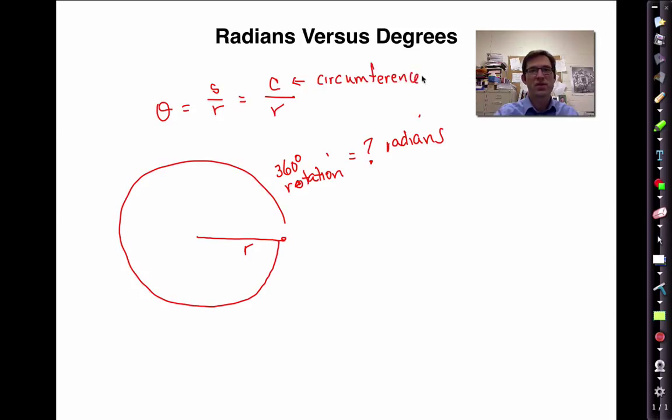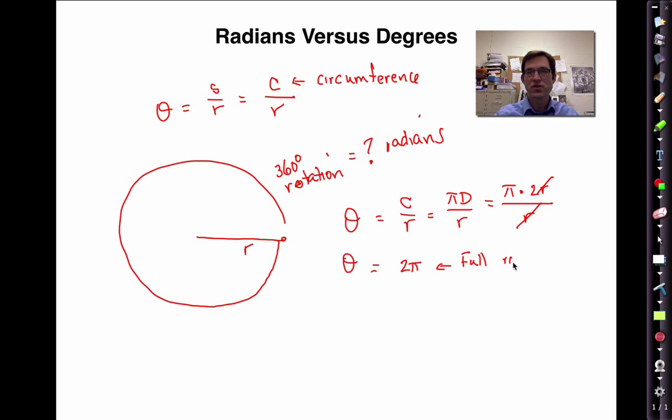What is the circumference? Well, it's pi times the diameter of the circle. That's not very helpful. How about pi times twice the radius of the circle? In that case, the radii cancel, and a full rotation is 2 pi radians.